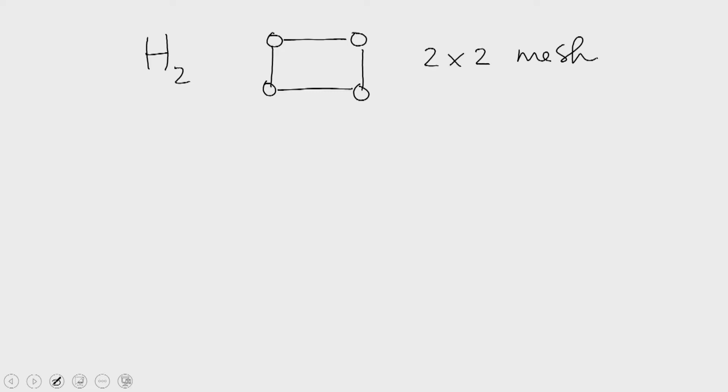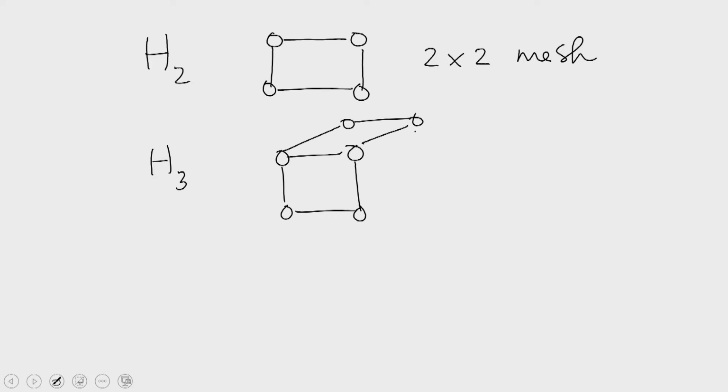Consider H2, and H2 is obtained by taking 2 copies of H1 and interconnecting them in this manner. So, as you can readily see, this is a 2 by 2 mesh. A 2-dimensional hypercube is a 2 by 2 mesh. H3 is obtained by taking 2 copies of H2 and interconnecting the corresponding nodes as we know.